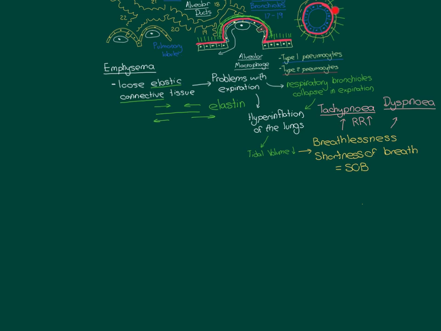And also the loss of elastic connective tissue around the respiratory bronchioles, which means that when you expire they end up collapsing, which traps air downstream of them in those spaces, and therefore they can't empty properly. That leads to hyperinflation of the lungs and reduced tidal volume, and that leads to problems with gas exchange, which leads to breathlessness, and you compensate by breathing faster, tachypnea, and breathing laboriously with the accessory muscles of ventilation, which is called dyspnea.